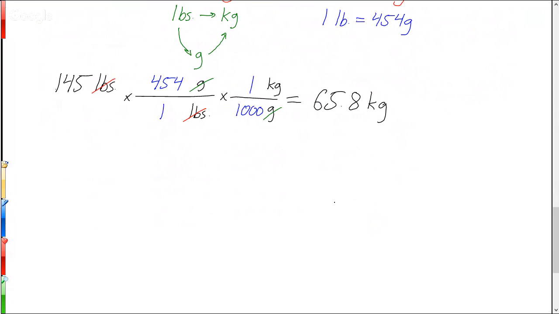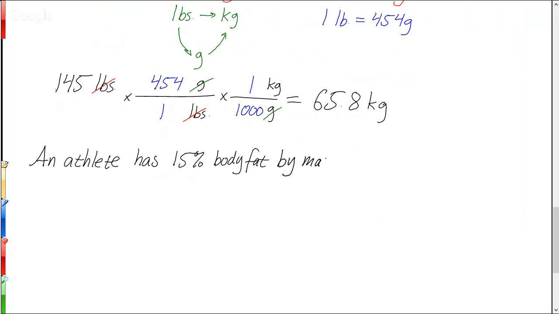This one says, an athlete has 15% body fat by mass.